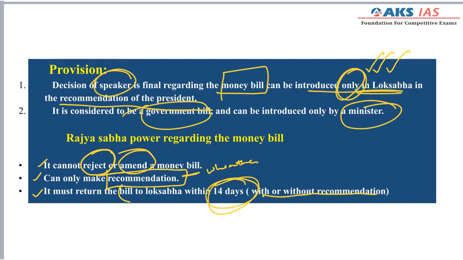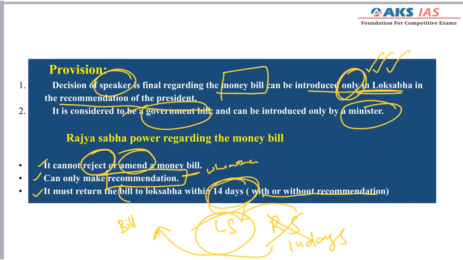If the Rajya Sabha fails to send back the bill to the Lok Sabha, it is still considered passed by both houses, because the Rajya Sabha does not have much power regarding the money bill. So even if it is not sent, after 14 days it automatically becomes a bill passed by both houses of the parliament.